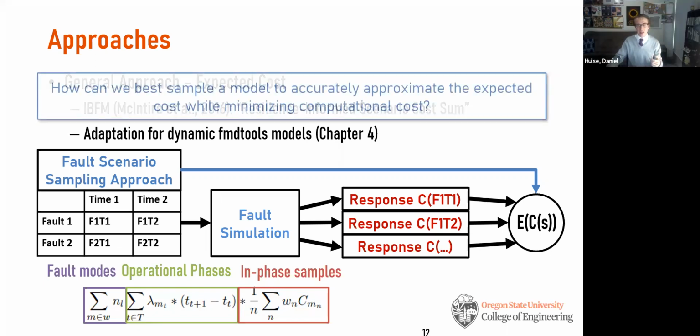And so kind of what we came out of this with was this question of how can we best sample a model to accurately approximate the expected cost of resilience while minimizing computational cost. The idea being, if we want to iterate on a cost model like this quickly, we don't want to sample too many scenarios, but at the same time, if we don't sample enough, it's going to be inaccurate in some way.